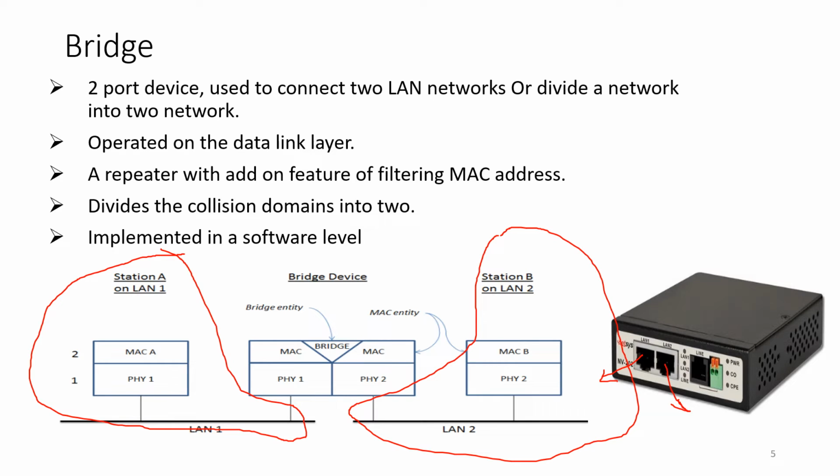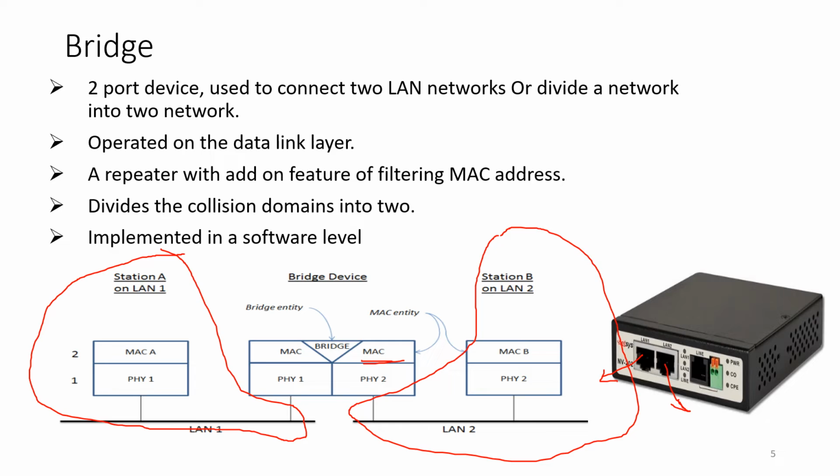Both networks are connected using a bridge. The bridge works at the MAC layer, not at the physical layer. That means it has access to MAC addresses, and it supports filtering, so it can filter the data.